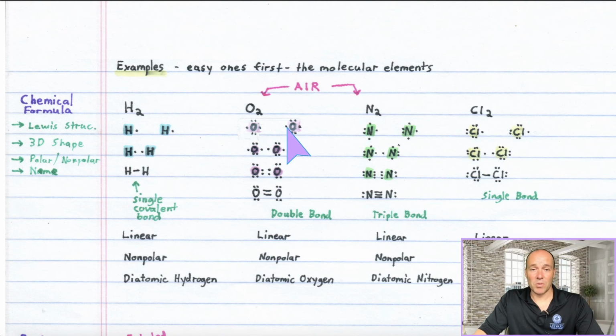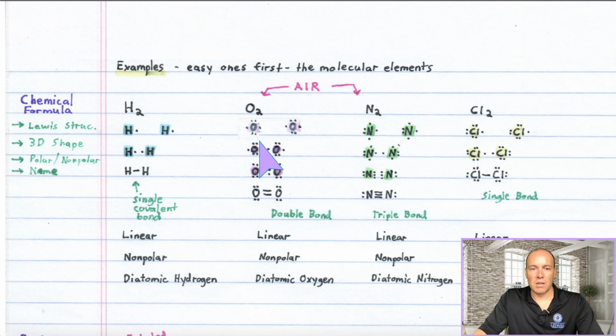Next step to get the Lewis structure is to position the atoms close together, matching up any unpaired electrons. And so we bring these two unpaired electrons, we match them up. But what about this one over there and that one over there? Well, we need to match them up as well. We can't just leave them out there, because right now, this oxygen does not yet have an octet.